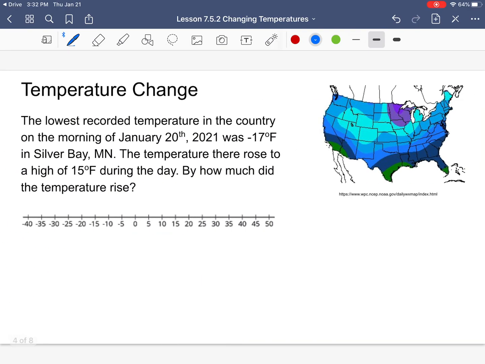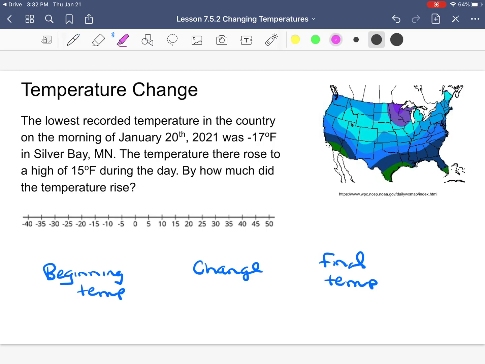Here's another example, and we're going to again use beginning temperature, change in temperature, and final temperature. And let's read the problem. The lowest recorded temperature in the country on January 20th in the morning was -17 degrees Fahrenheit. It rose to a high.